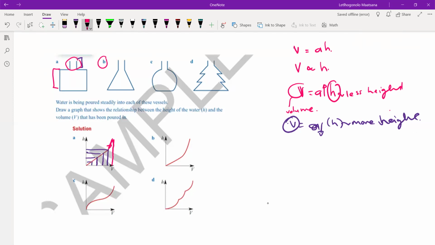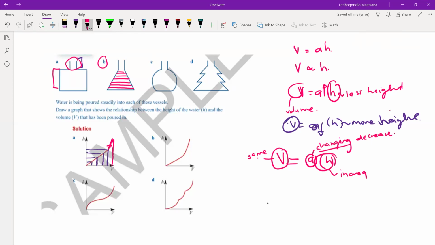Let's look at B. The first part of B, the cross-sectional area is increasing with an increase in our height. So we want to pour the same amount of volume, and here our area is continuously changing. So in order to meet the same amount of volume, the height must change. When the area increases, the height change decreases.